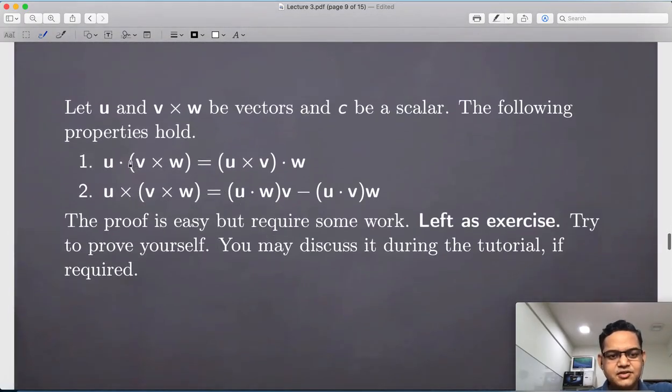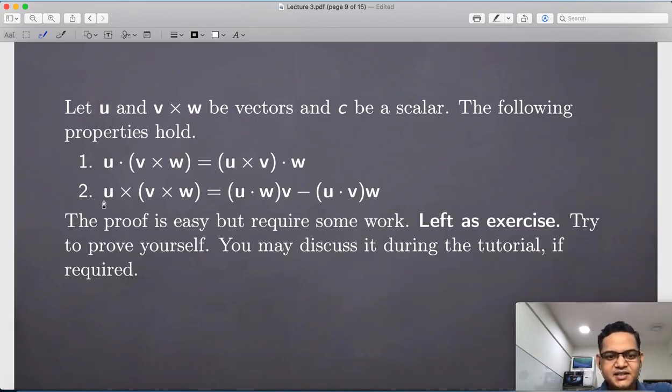For example, if I am computing u dot v cross w, this is going to be the same as first looking at u cross v and then taking the dot product with w. You can easily derive these properties just by following the definition, nothing else.